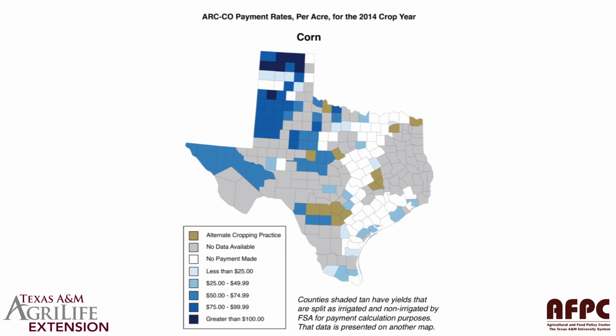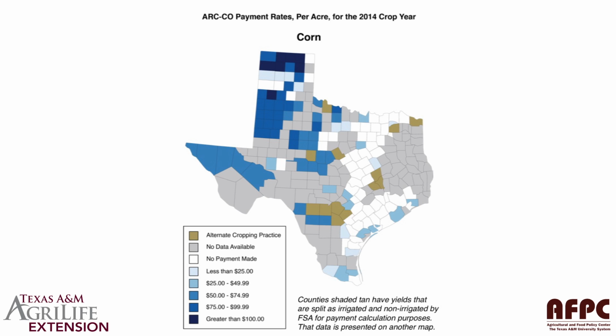As we said, some of the payments on corn get up pretty good. The way you interpret this graph, the tan areas are the ones where there's a differentiated yield, irrigated and non-irrigated counties. So don't pay any attention to them on this particular graph. There'll be a graph specifically for those counties following.